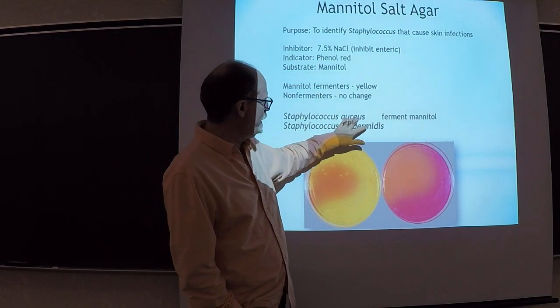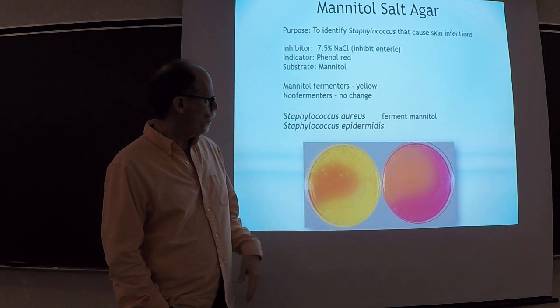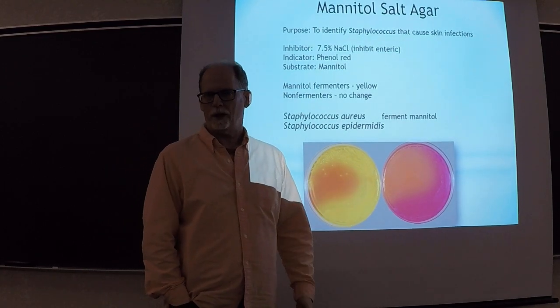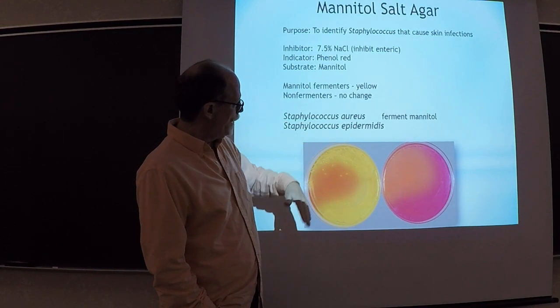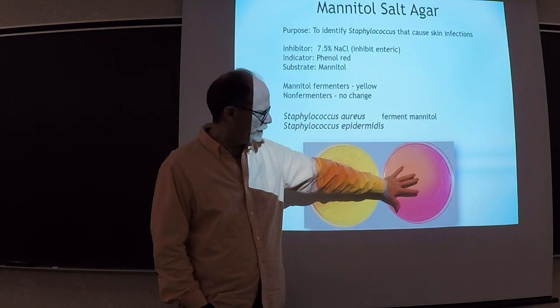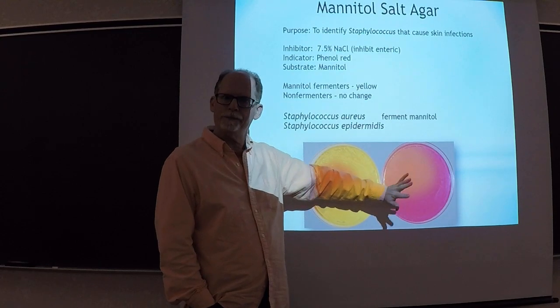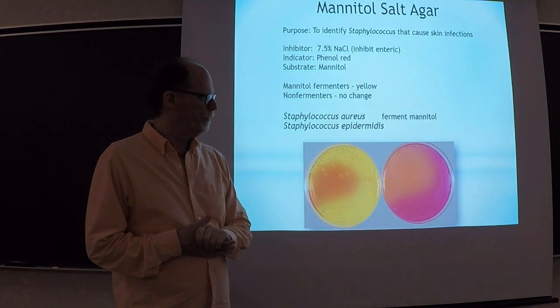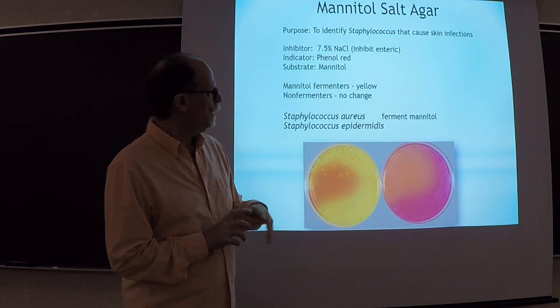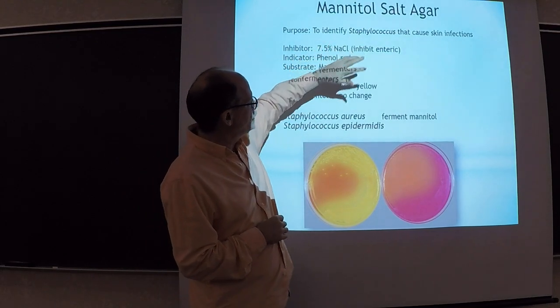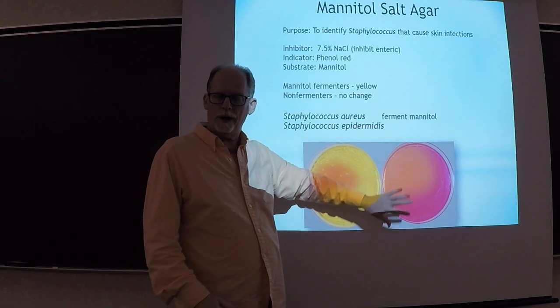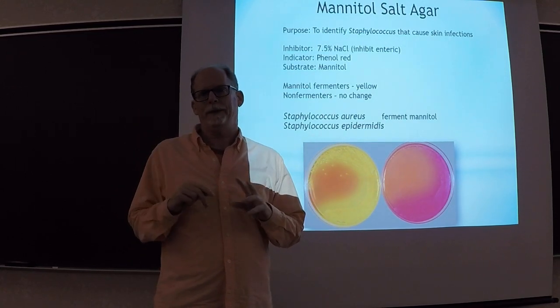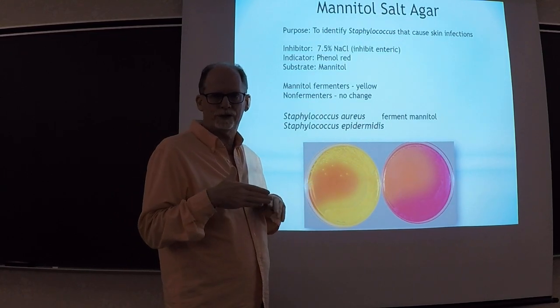It might not be a bad idea to mention Staph aureus turns this plate yellow. Some of this information you might write: Staph epidermidis would grow on the media and it would remain red. Staphylococcus is the genus that can mostly grow on this. Most other medically relevant bacteria cannot tolerate the high salt.